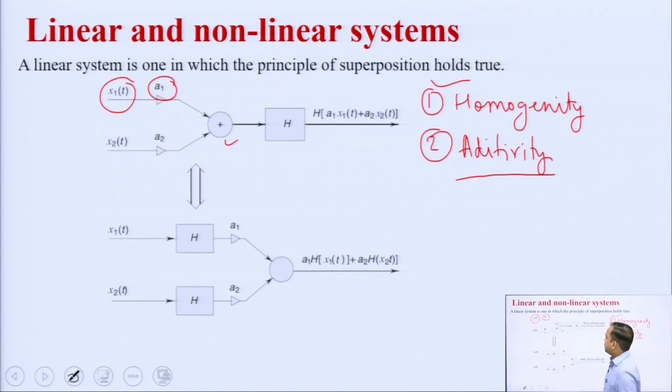That is called additivity. So, we are going to use the principle of superposition to check whether the system is linear or non-linear. How are we going to check?